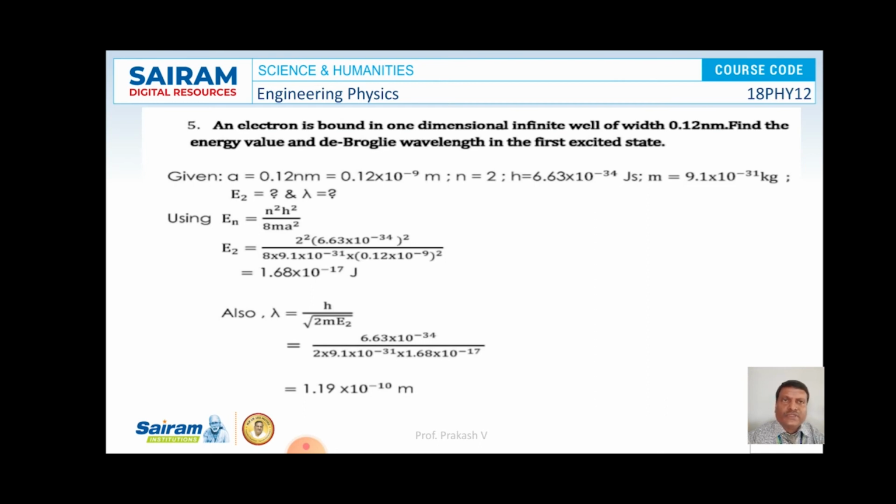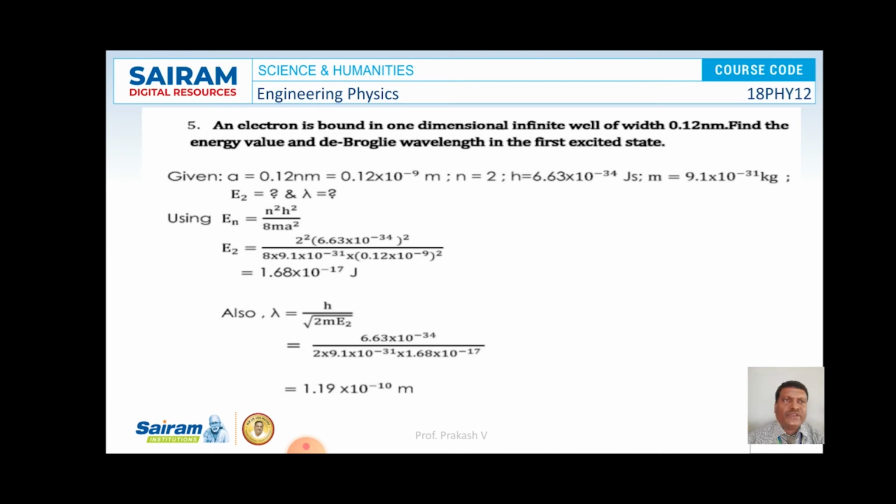The fifth problem: an electron is bound in a one-dimensional infinite well of width 0.12 nanometer. Find the energy value and de Broglie wavelength in the first excited state.